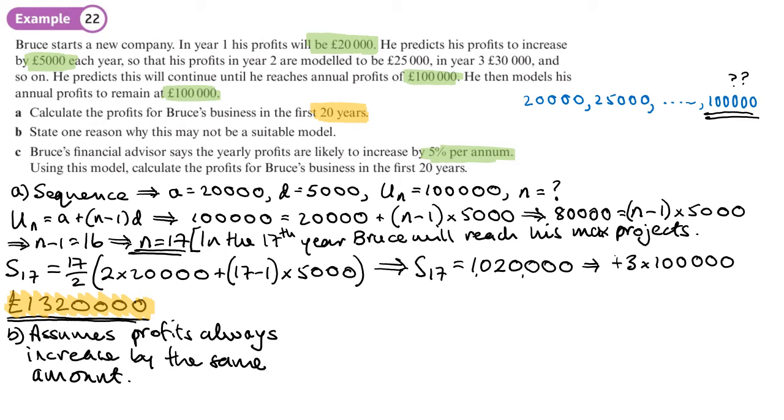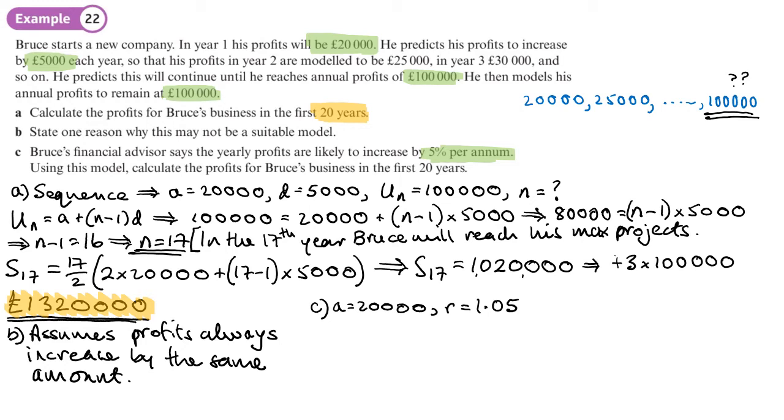Right, so what we should realise in part C is now we've moved on to something which is a geometric series. The value of A remains the same, so he starts off with the same amount. But this time the common ratio, if something's increasing by 5%, then the multiplier, the common ratio, is going to be 1.05, so that's our value of R.